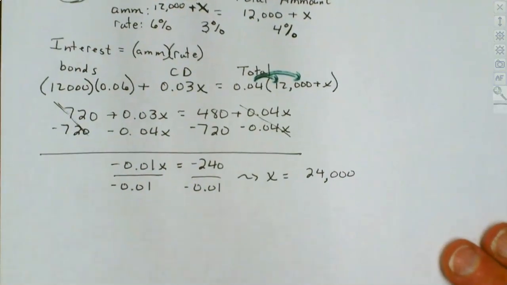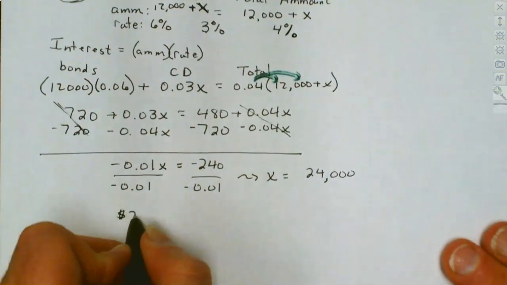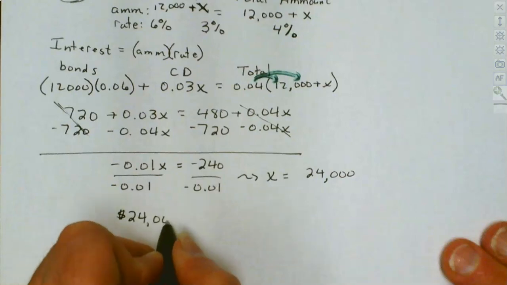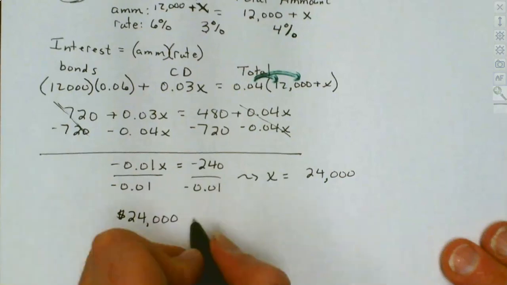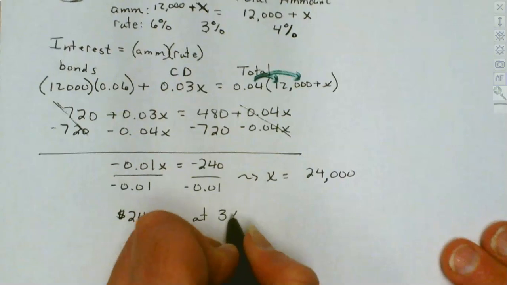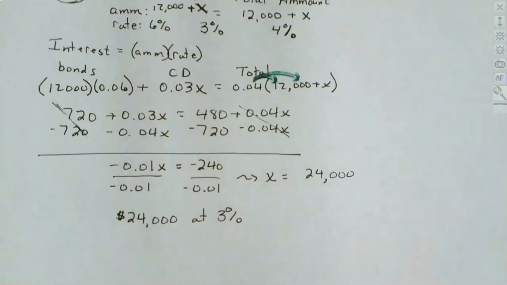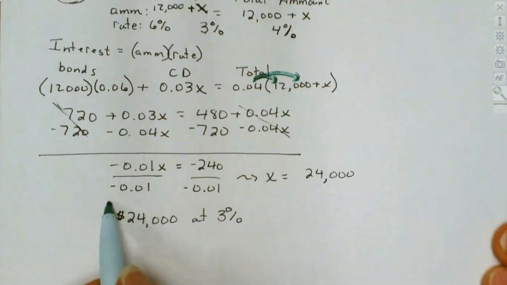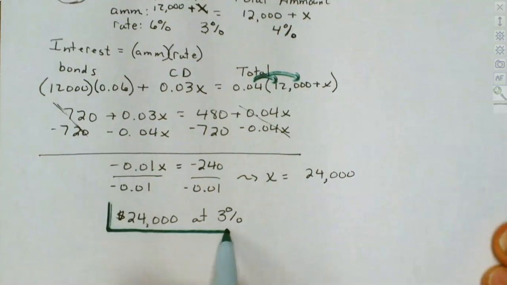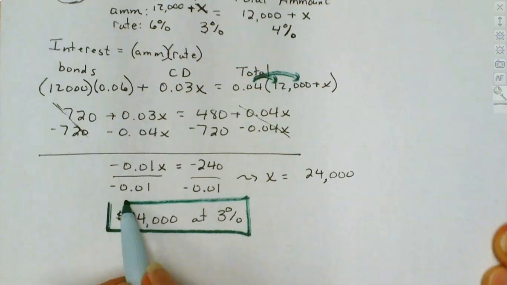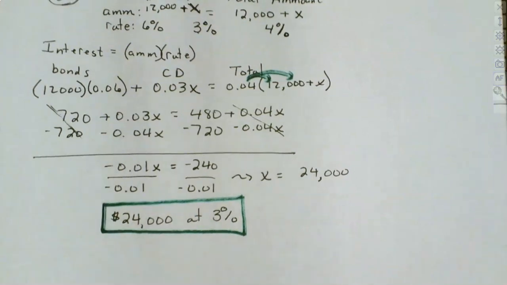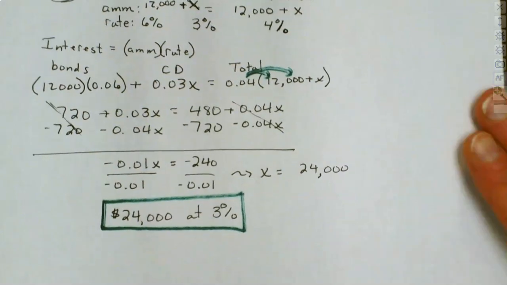We know we need to invest $24,000 at that 3%, and that would give us the rate of return that we want. And that's our answer. That's the amount of CDs that we need to buy. So we would need to buy 24,000 in CDs.